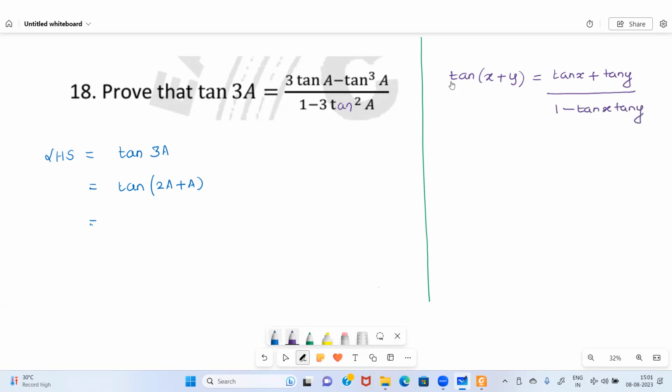Clear? So this can be written as tan 2a plus tan a divided by 1 minus tan 2a into tan a. Right, students?